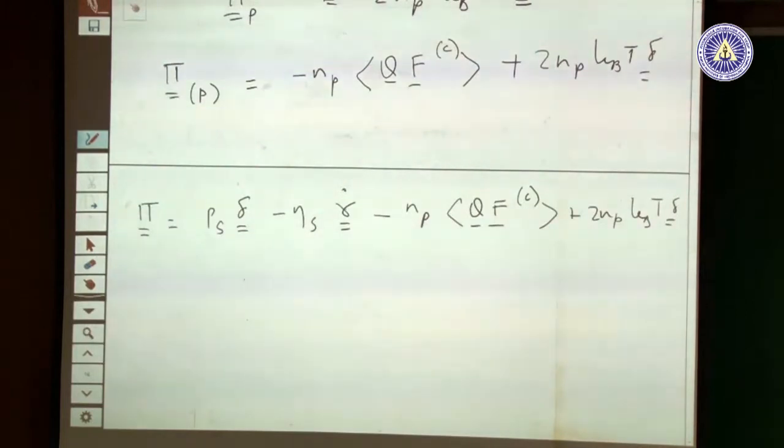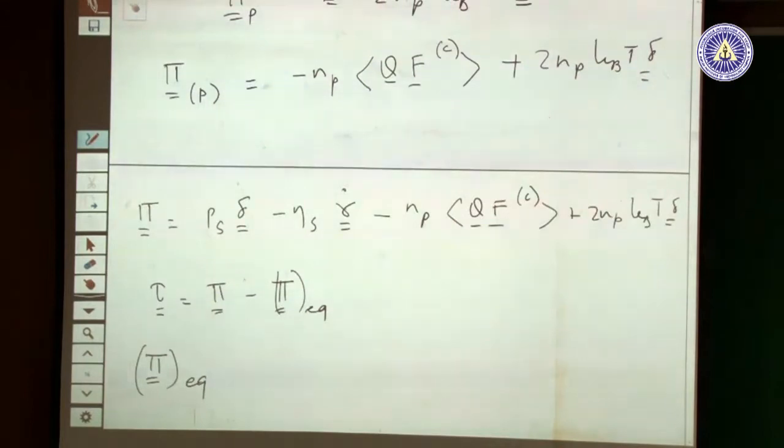Okay. So, what is the deviatoric part? How is it defined? Tau is Pi minus Pi equilibrium, right? If you subtract away what is there when there is no flow, that is the deviatoric part. So, what is Pi equilibrium now? You have to accept this result for the time being, that the equilibrium average of <Q F_c> is nothing but k_B T delta.